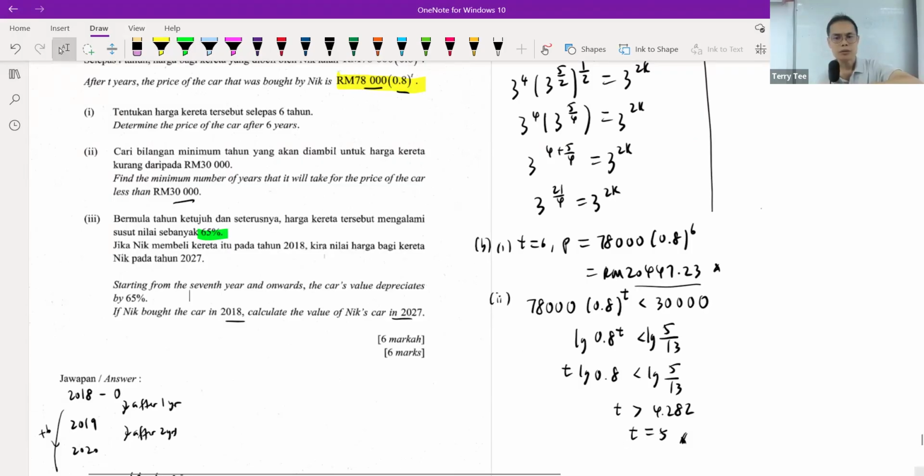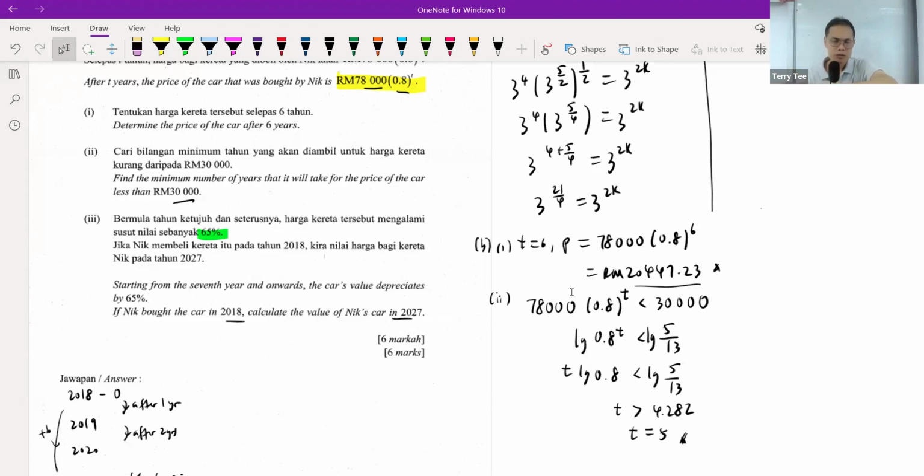When you say depreciate by 65%, it means you drop 65%, but the marking scheme shows that it is 65% of the actual value.